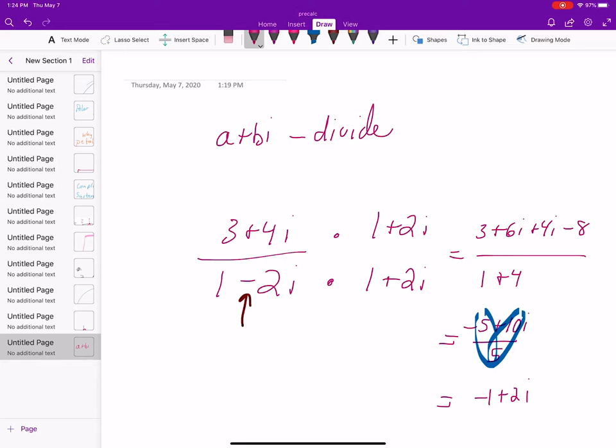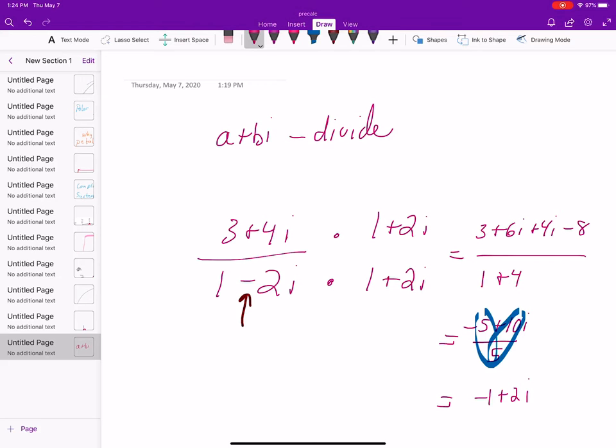If you wanted to divide them in trig form, then you would put both the 3 plus 4i and the 1 minus 2i in trig form, and then you would apply de Moivre's theorem in division. In fact, somebody asked, well, what about converting?